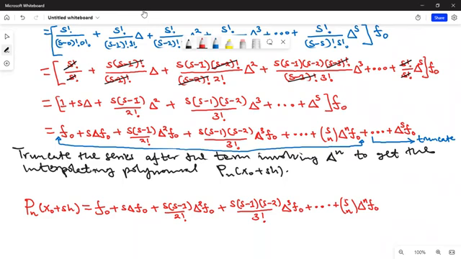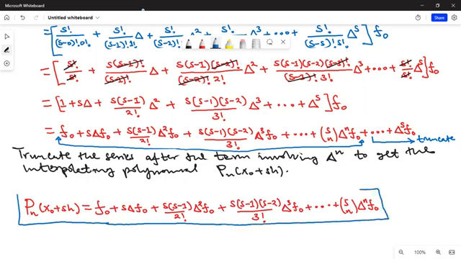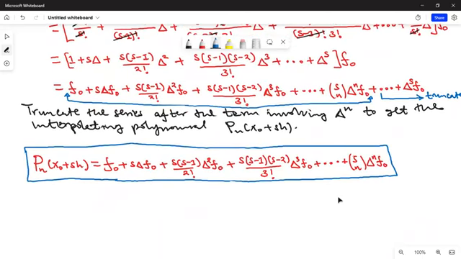So this one here is a polynomial of degree n in the forward difference operator. And so this polynomial is called Newton's forward difference interpolating polynomial. So I'm going to write that. You can say this is a polynomial of degree n in the independent variable s, and is called Newton's forward difference interpolating polynomial.